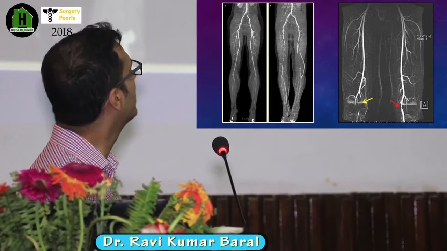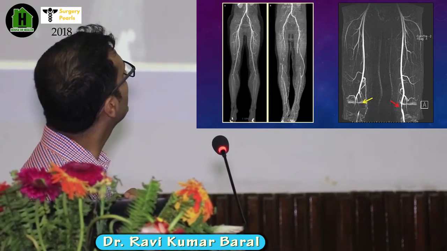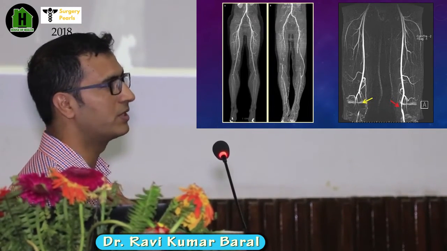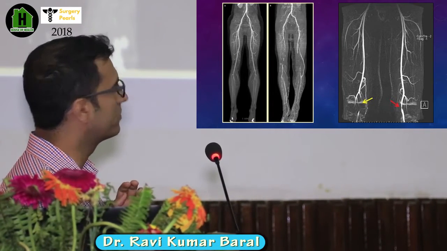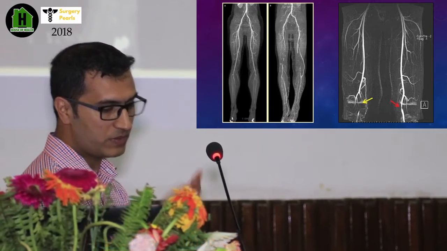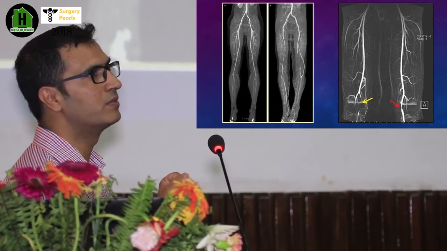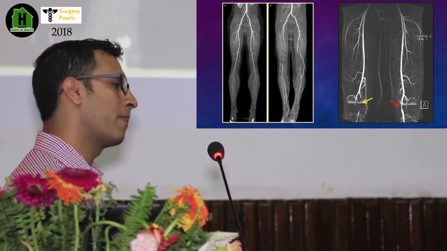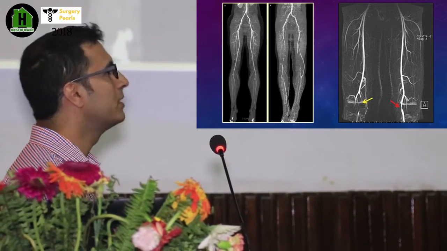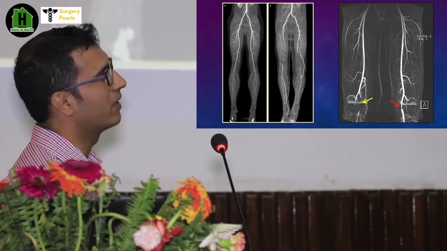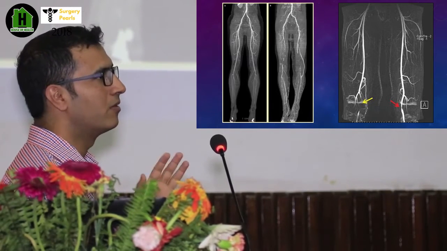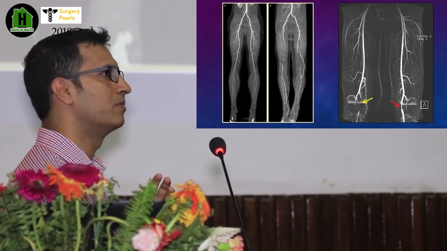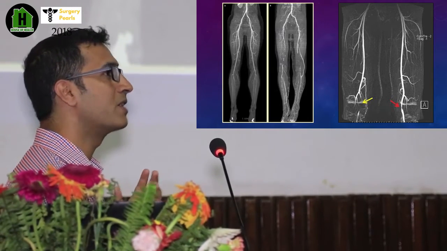For this, we will go from the femoral artery itself. While in Doppler, we might not be told exactly where the lesion is, and we might choose another arterial access for the embolectomy itself.